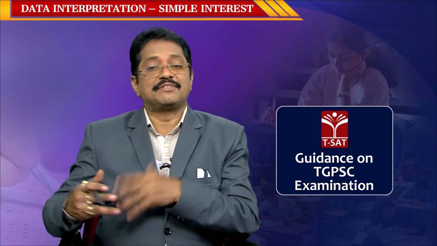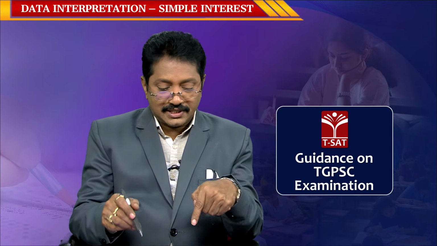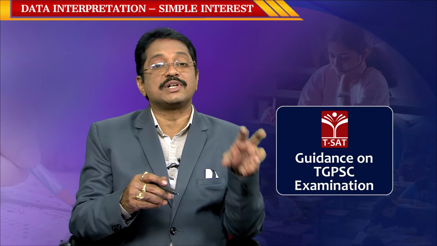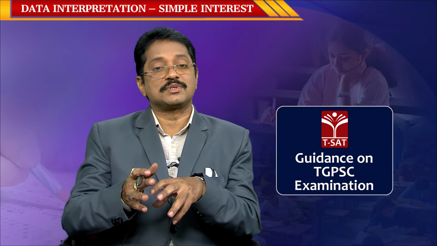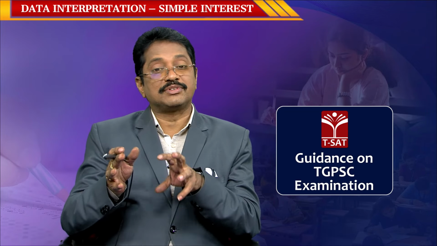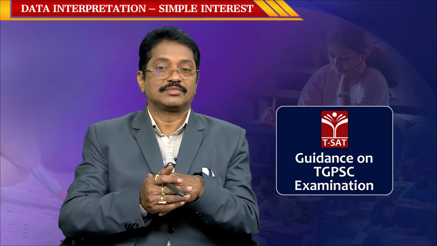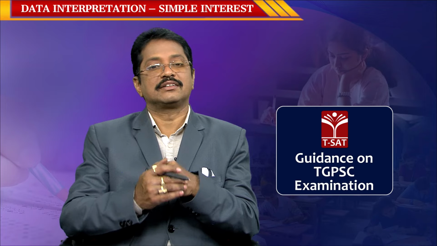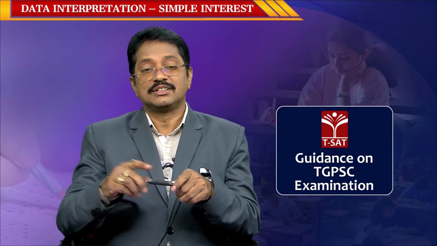If the rate of interest is 20%, then when you deposit the same amount for 4 years, this amount will be doubled. At that time they used the same concept for fixed deposits.